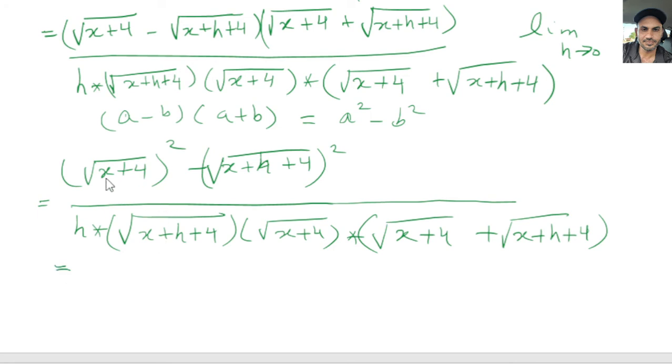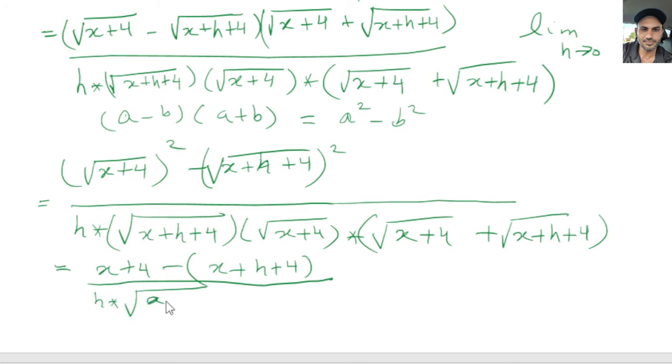So we have this square root and square, they undo each other, so you're just left with x plus 4, and minus this square is going to undo the square root here, so you're going to be left with x plus h plus 4, and everything divided by h times x plus h plus 4, this is plus, not multiplication, and this is x.